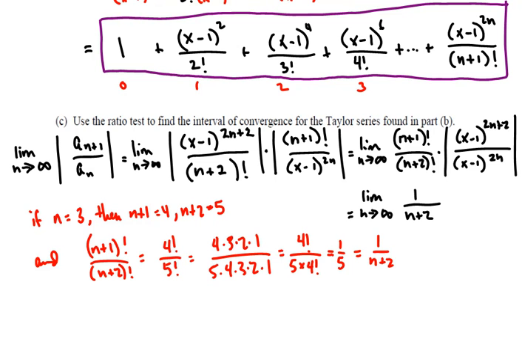So back to the problem, we're going to start off with the limit as n goes to infinity. We've simplified the n plus 1 factorial over n plus 2 factorial to just be 1 over n plus 2. Similarly, with the x's, if n were 3, then 2n plus 2 would be 8, and 2n would be 6.